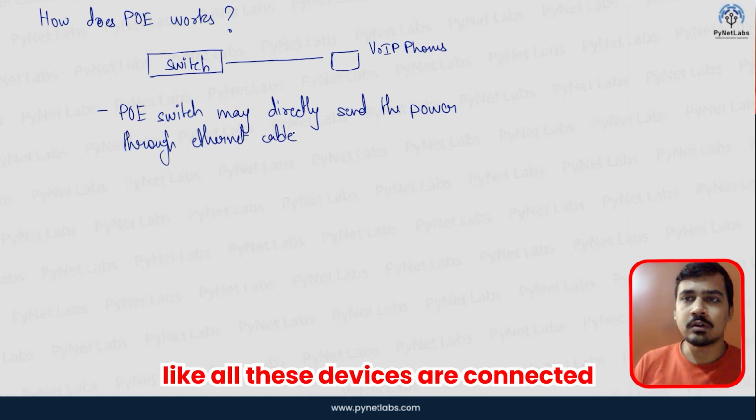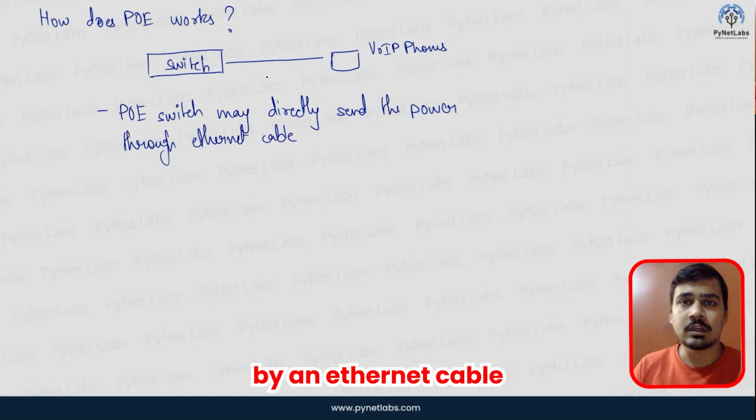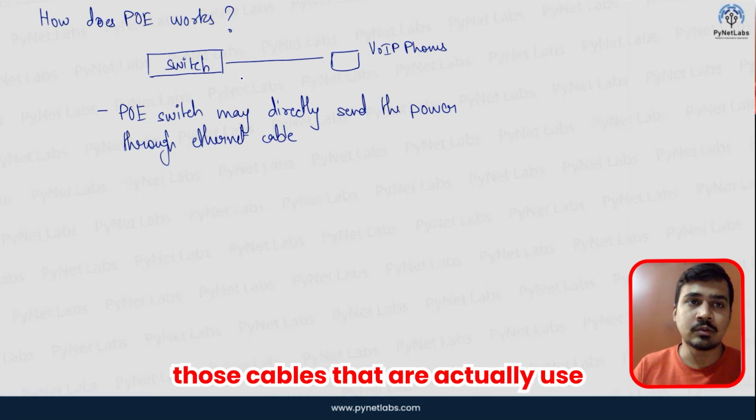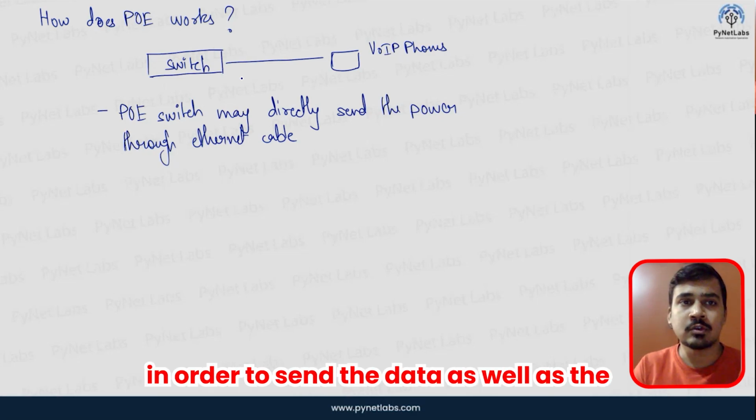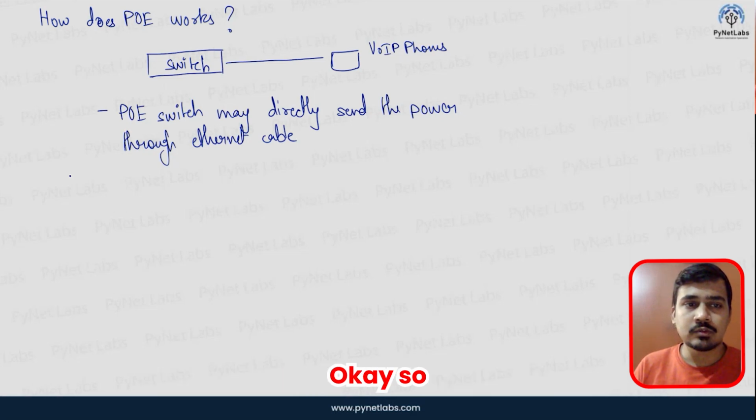We all know these devices are connected via an Ethernet cable, and the PoE switch utilizes those same cables. In those cables, it uses the same segment of cables to send the data as well as the power. That's how it works.